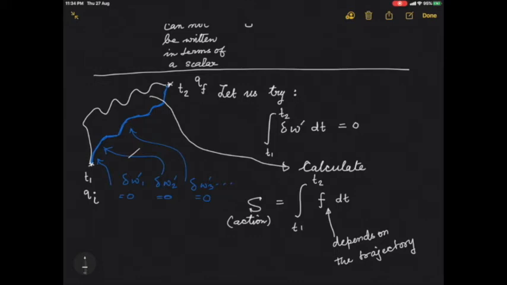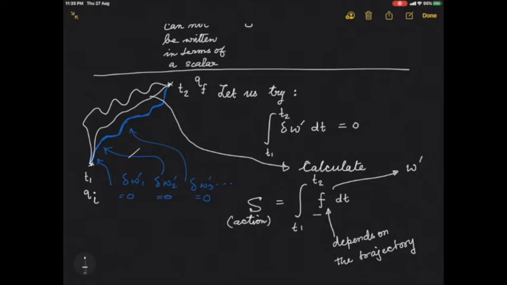So we calculate this integral s for an arbitrary path. Obviously, the value of s will depend on the trajectory now. What is s essentially? So if you see here, what is f essentially? So f is essentially w prime, if you wish, but it is not equal to w prime. What it is, that is what we will find out.